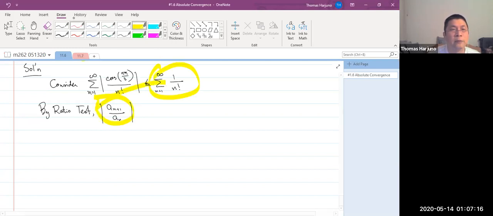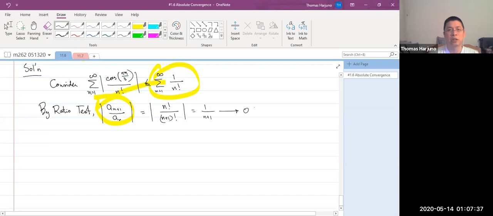Okay, that's equal to, basically, eventually you will see n factorial over n plus 1 factorial, which is 1 over n plus 1, which converges to 0, which is less than 1. So this series here is convergent.